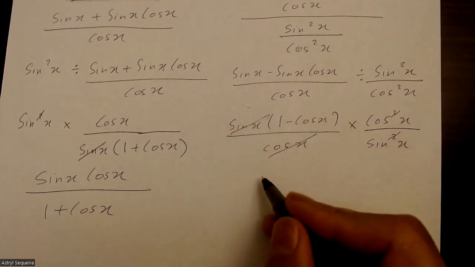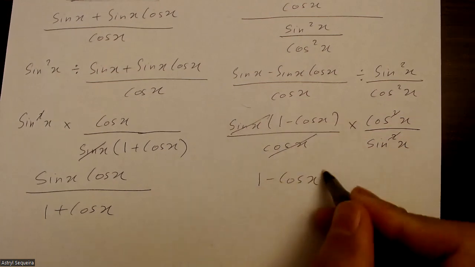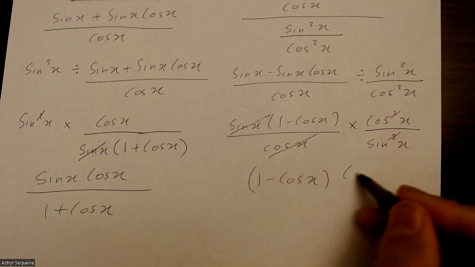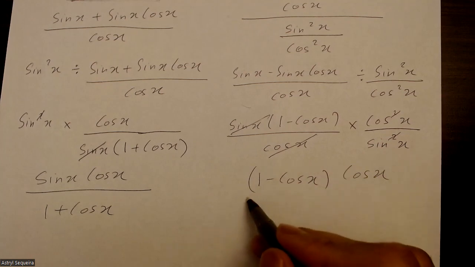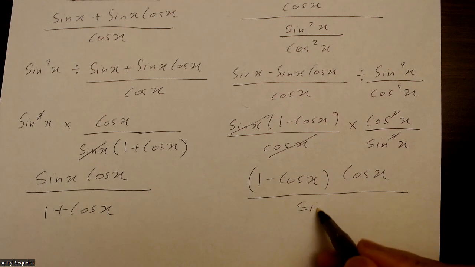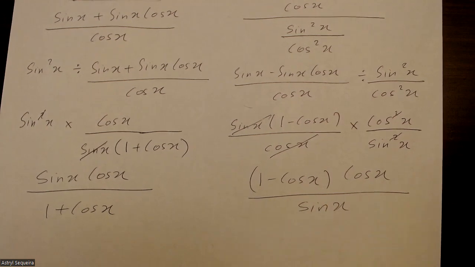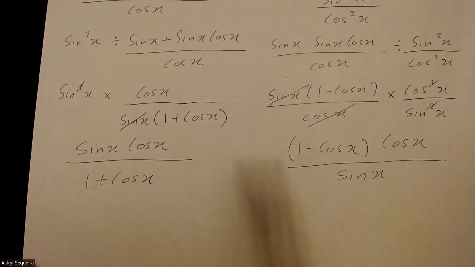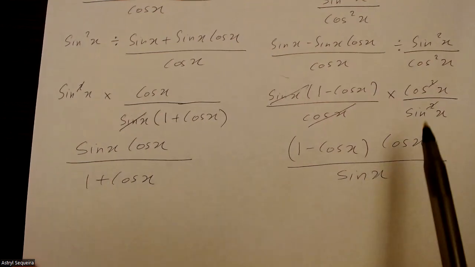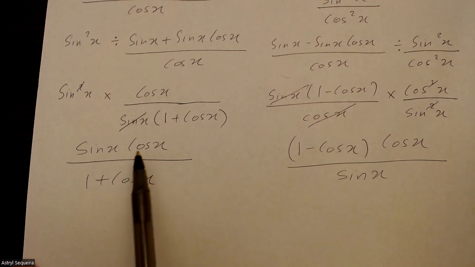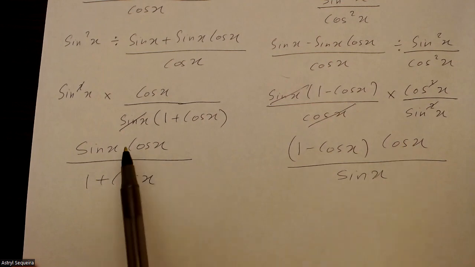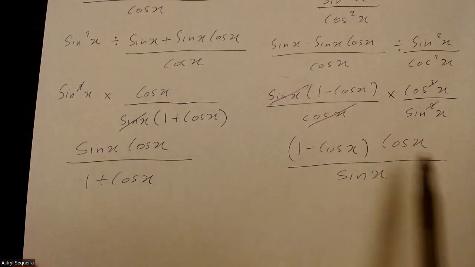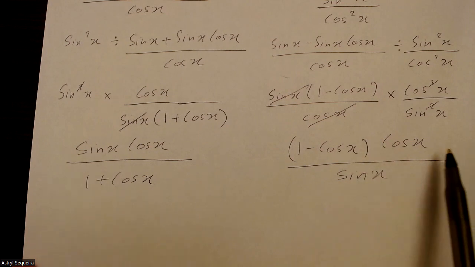So over here, I'm left with 1 minus cos x times cos x, divided by sine x. Now, these are both pretty much fully simplified, but they're still not very similar. One thing I noticed is cos x and cos x are the same. So I'm not going to touch these cos x's. I'm just going to mess around with the rest of the other stuff.